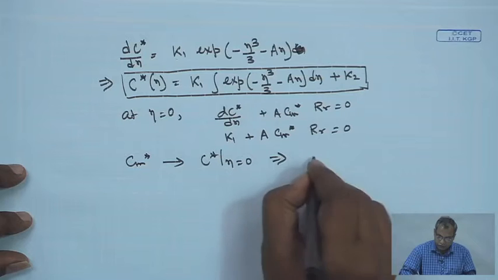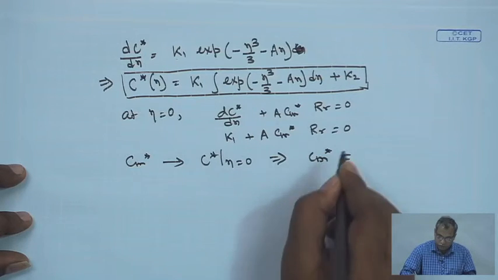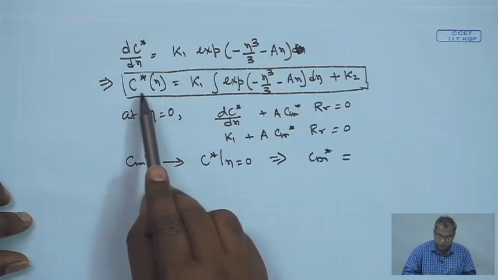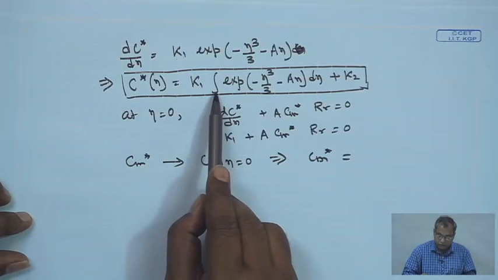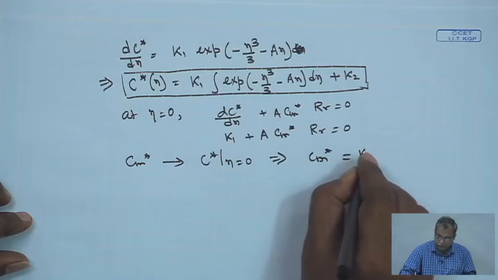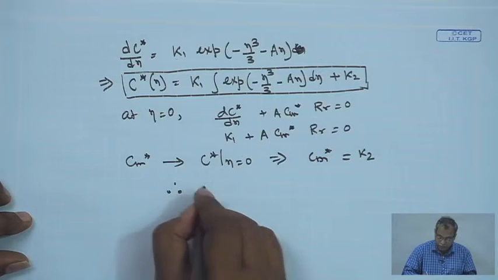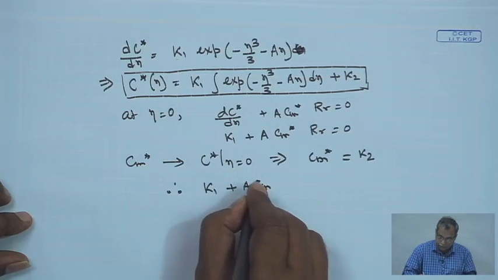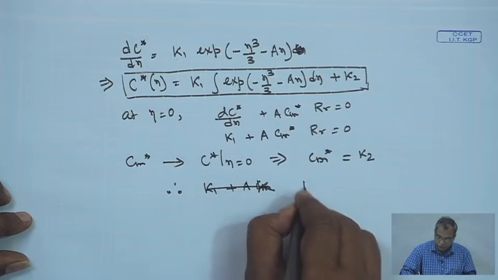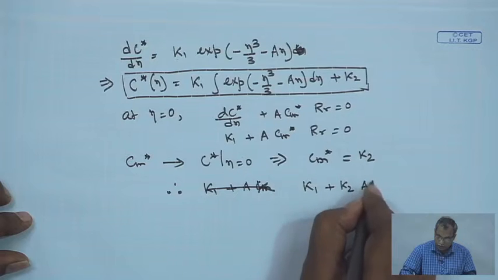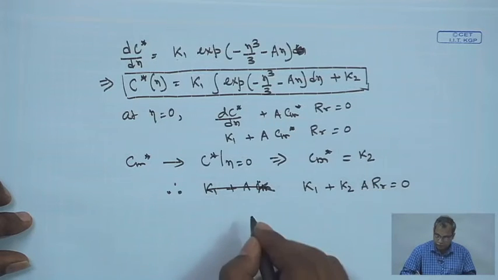So, we evaluate this at eta equal to 0, with the limit 0 to eta, so this will be from 0 to 0, and this integration will vanish. So, C m star will be nothing but k 2. Therefore, k 1 plus a C m star is k 2. So, I will write it clearly: k 1 plus k 2 a R r will be equal to 0.